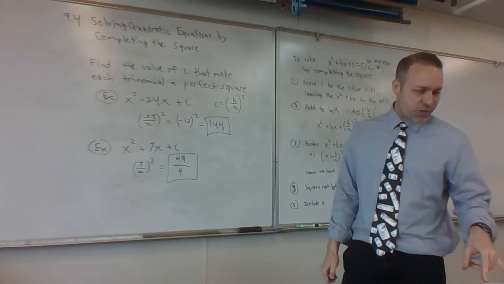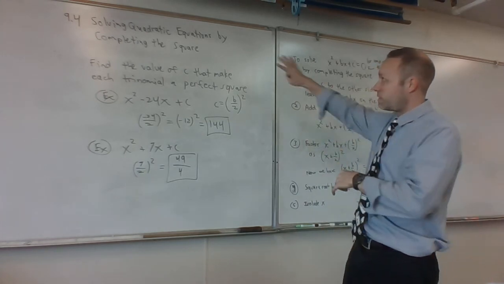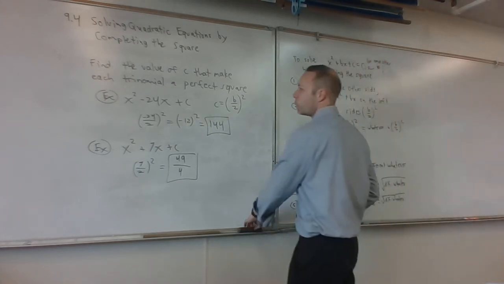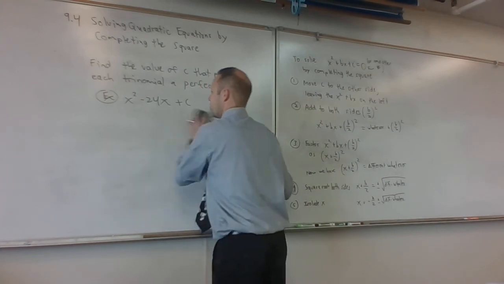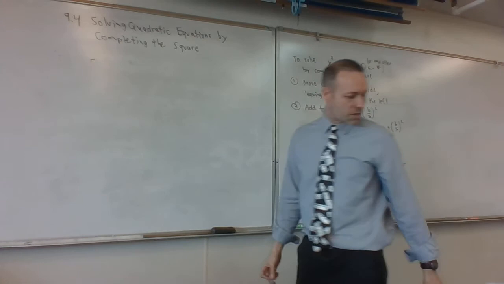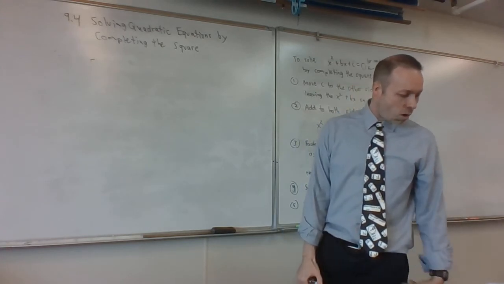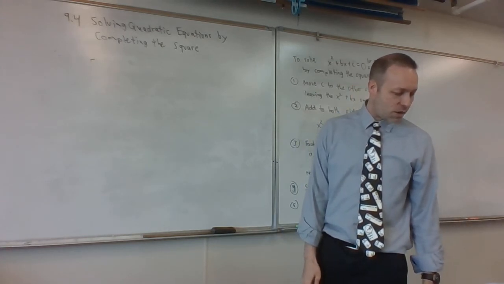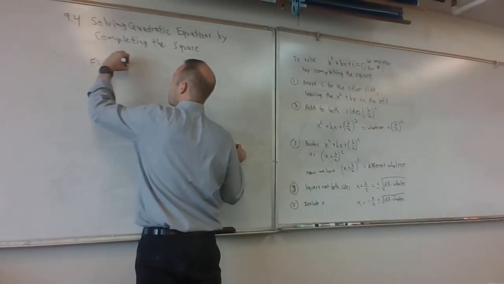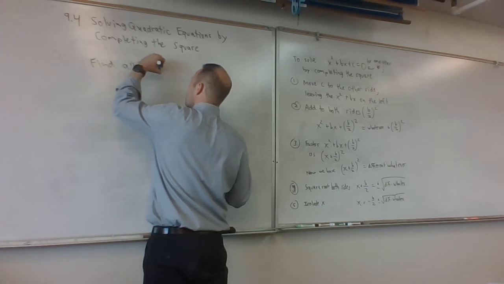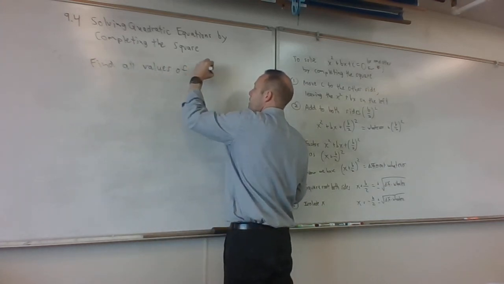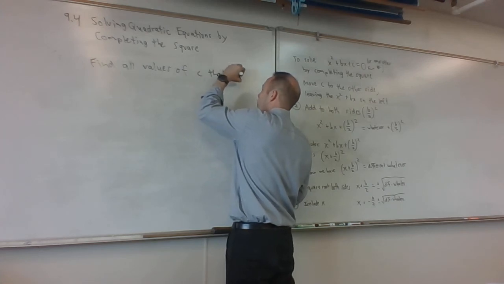And then the second section of the homework is like the first couple examples I did, which is solving the equation. The third section of the homework, let me erase this, has instructions like this. Find all values of C that will make each trinomial a perfect square.